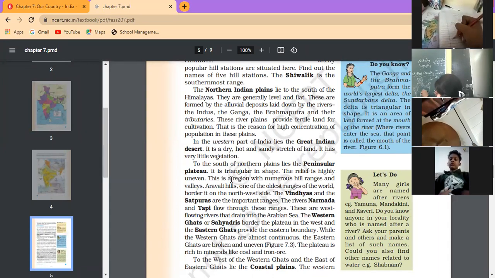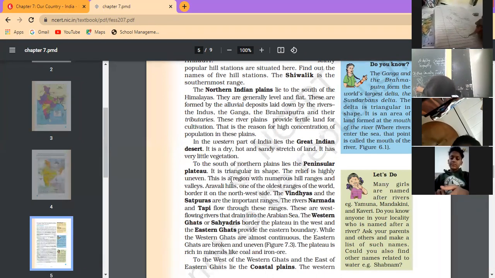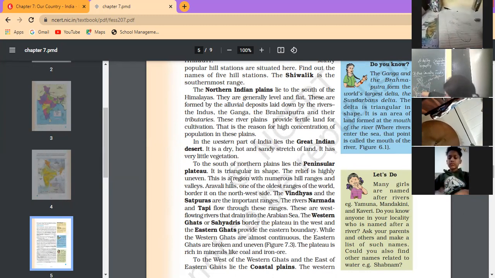So this land has three sides covered by water and one side by land. It forms which shape? Triangular shape. This is the Indian Peninsula.